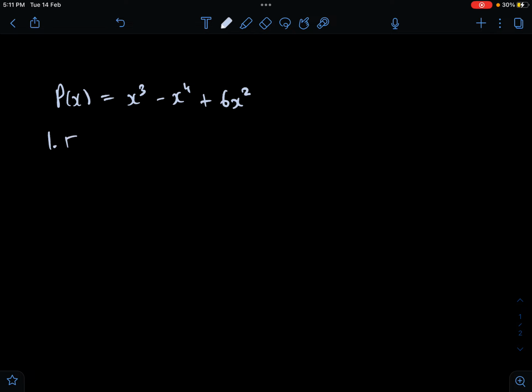First, express in standard form. So we'll just do that first, and then we'll move into the second question. So we'll move this a bit further down.